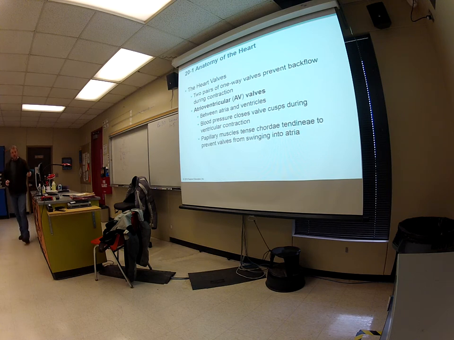Now, it says pressure closes the valves, but papillary muscles tense the chordae tendineae to prevent the flaps from flipping up. And that is called prolapse. A prolapsed valve flips open, and it can cause major problems for people.